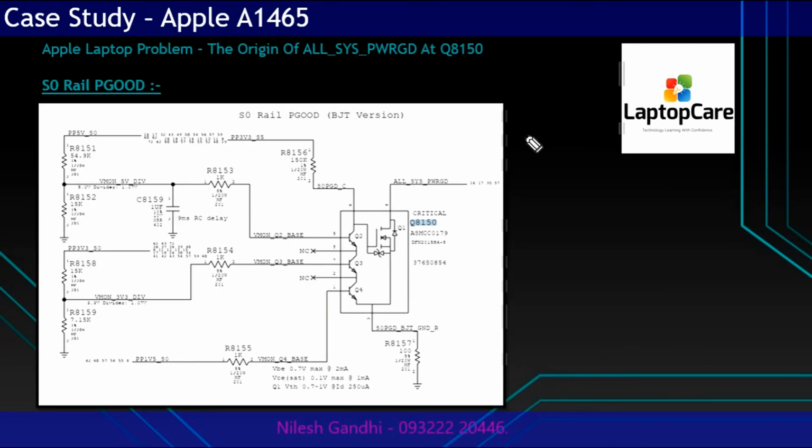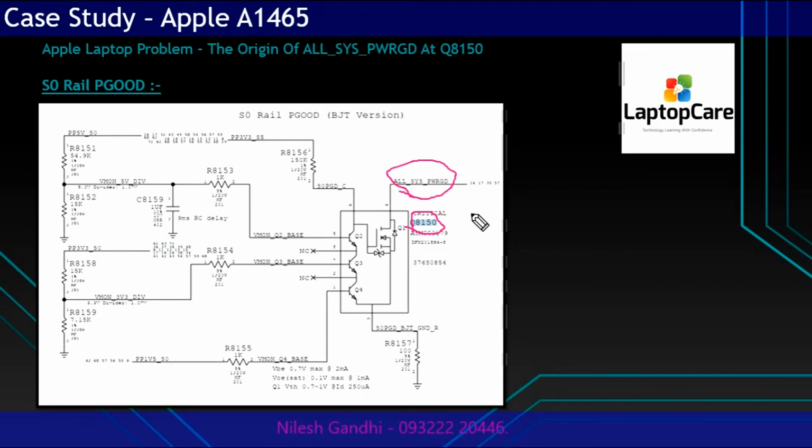While searching for the origin of the all sys power good signal, we came to the location Q8150 on the schematic, and we found that pin number 4 is the output for all sys power good in this particular IC, and we must have 3.3 volt at pin number 4.